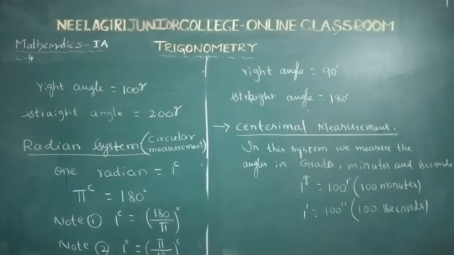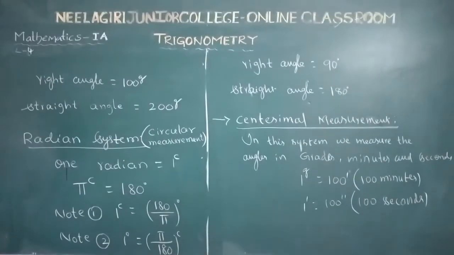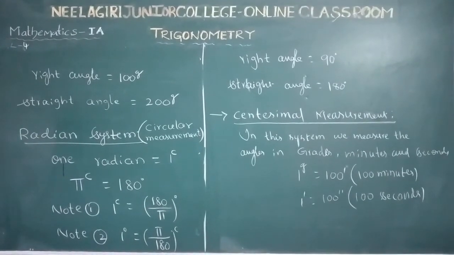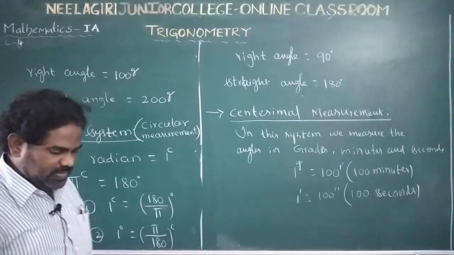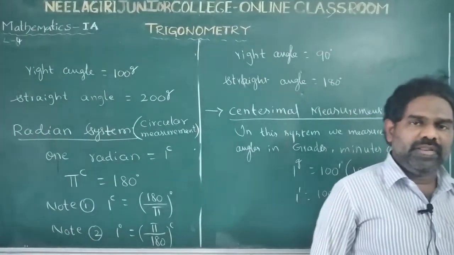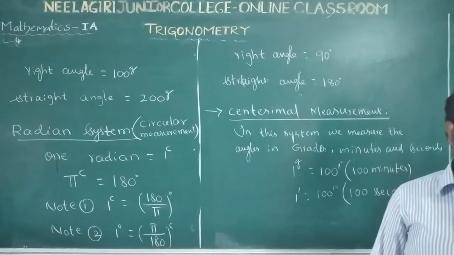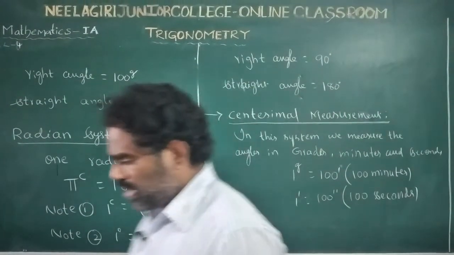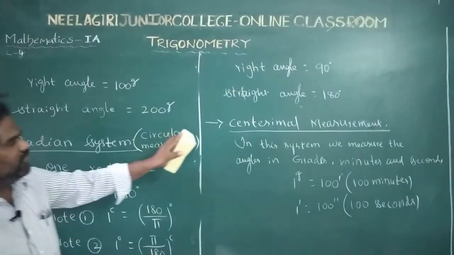That symbol C stands for circular measurement, that is radian measurement. Understand? Here, let us see the conversion. How do we convert radians into degrees, degrees into radians? Let us see some problems.